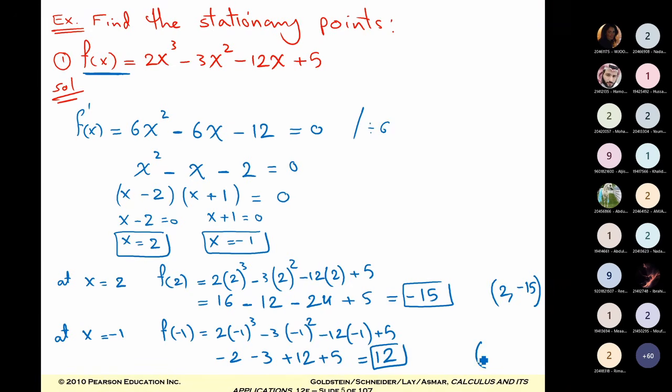So the second point is negative 1 and 12. These are the two stationary points. Firstly, find f prime, solve f prime equals 0, and find the stationary values of x. Okay, any question?